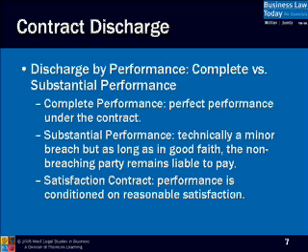It was a minor breach, so what is the cure? They have to paint, and you have to pay. What happens if it is substantial performance, you're the other party, and you decide not to pay? You breached the contract. So that's what breach means, when you fail to perform.